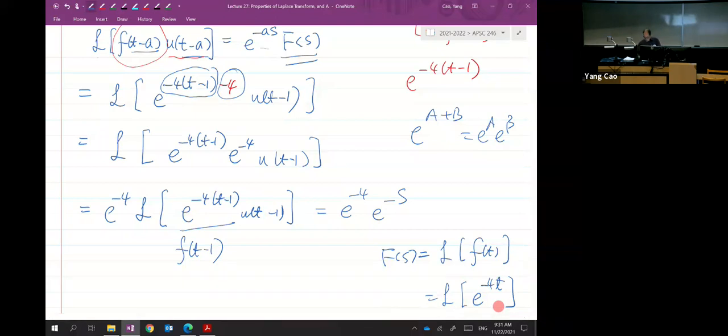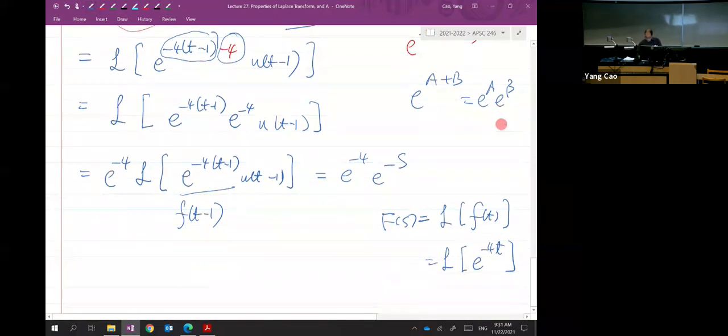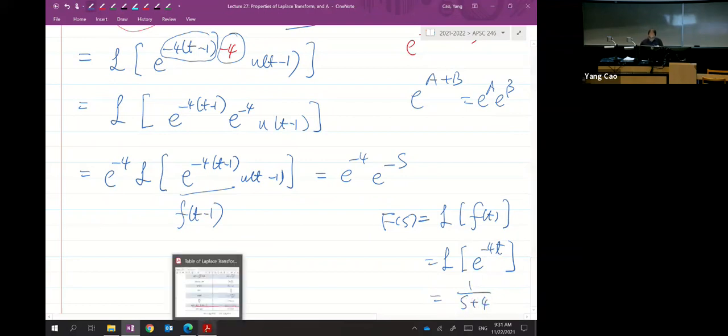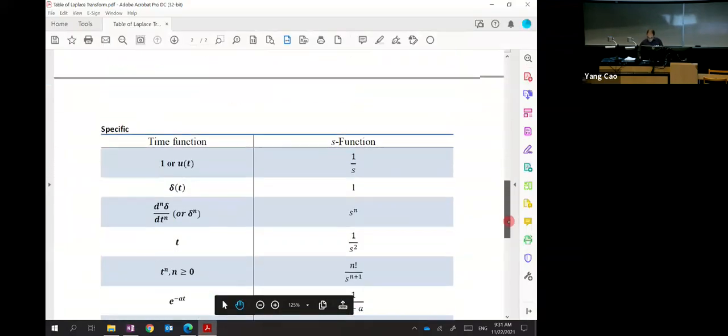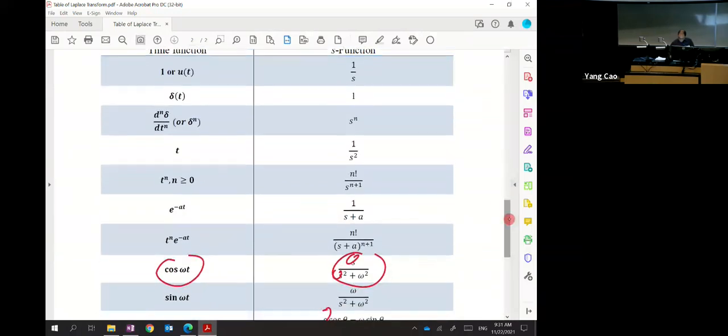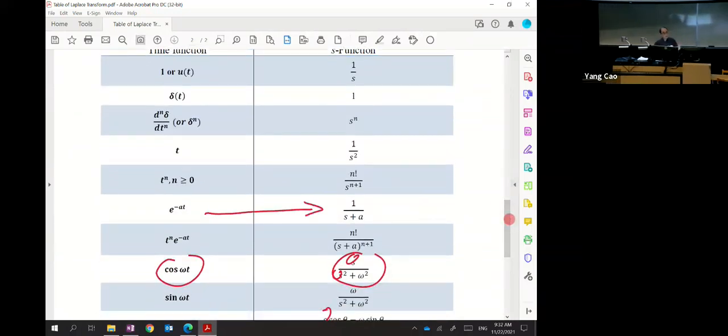And this is a property I want you to try to remember. Laplace transform of an exponential time function should be 1 over s plus 4. That's clearly given in the table, which is this one here. Once you do more, I think you will be able to memorize this quite easily.